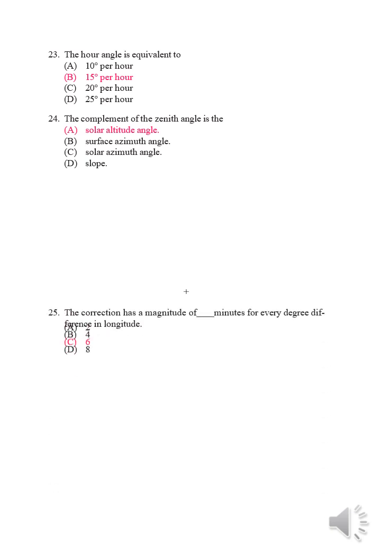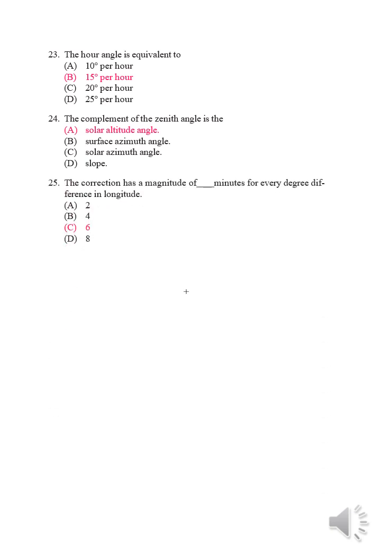The hour angle is equivalent to 15 degree per hour. The complement of the zenith angle is the solar altitude angle. The correction has a magnitude of 4 minutes for every degree difference in longitude.